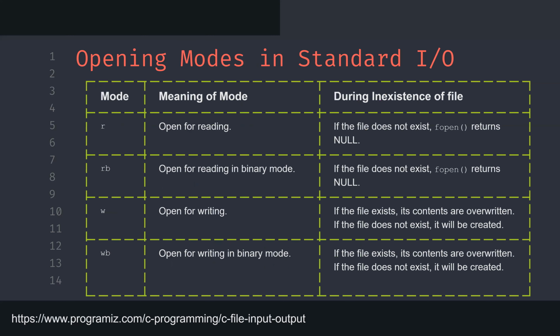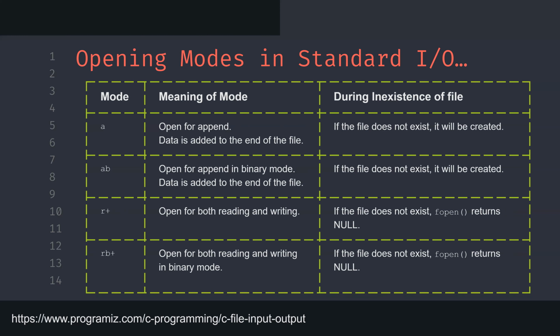Right? So these are some of the modes. Here r is for read, and rb is to open the file in binary mode, right? w is for open for writing, and wb is used for open for writing in binary.